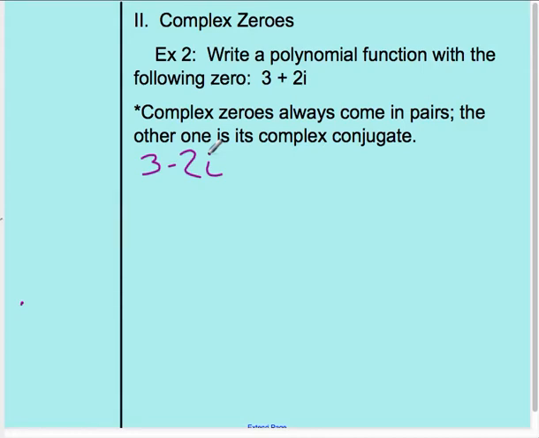So we're going to set these up in our binomials. So that is the first one. Oh, sorry, that should be an x.